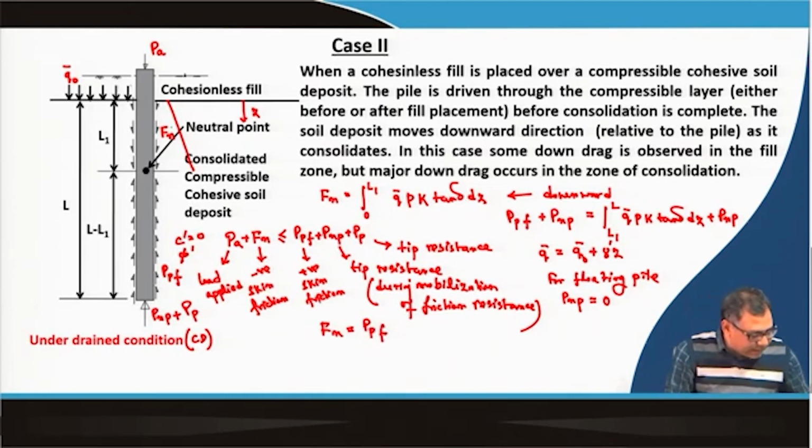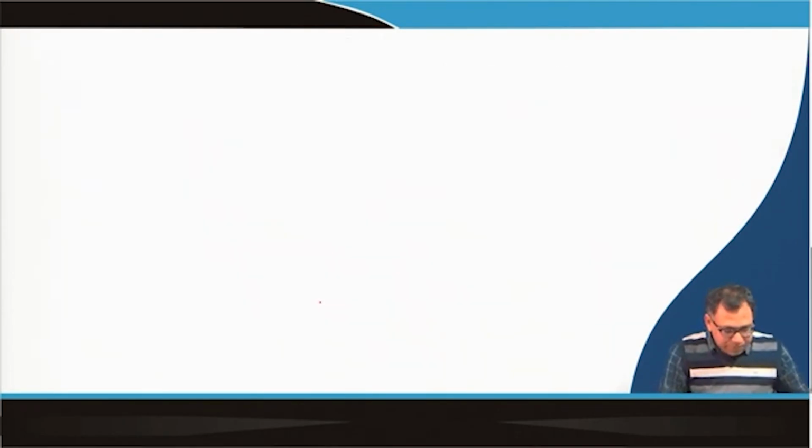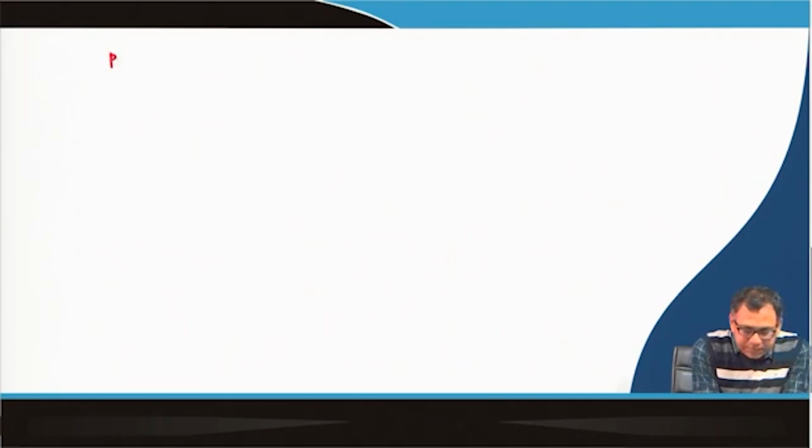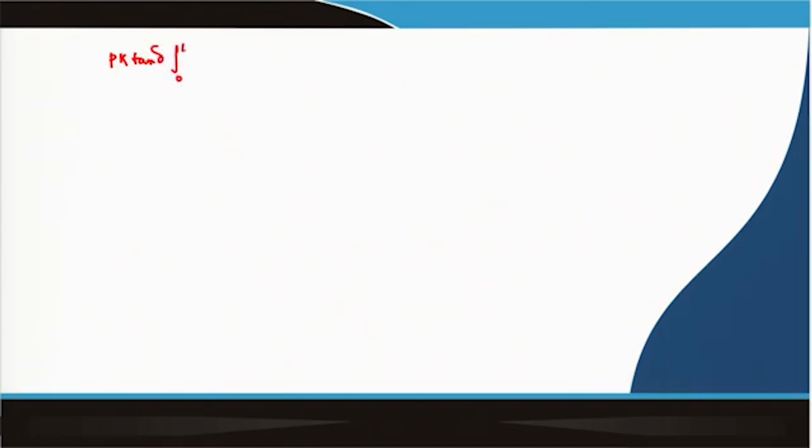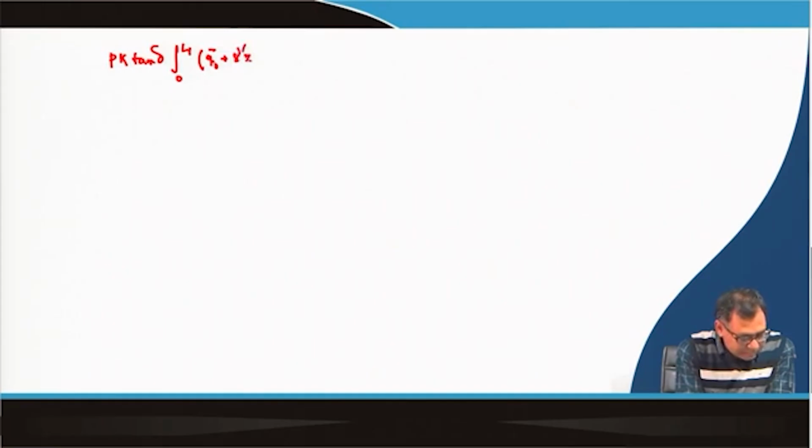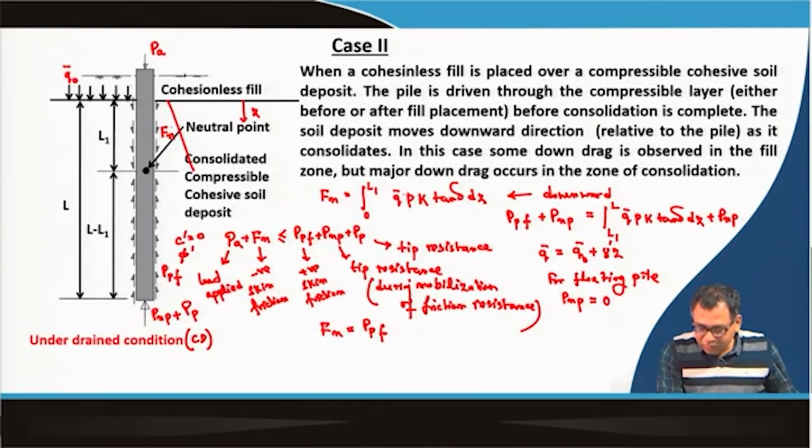So, if I write that Fn is equal to PPF, and take Pk tan delta outside, this will be 0 to L1, and there will be Q0 bar plus gamma dash z, because this is the expression for q bar.